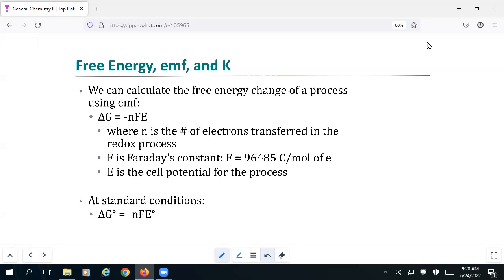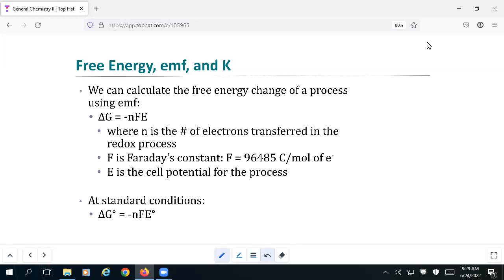Now, we can modify that idea of work by looking at a slight variation. So instead of capital Q, the charge, we're going to break that term down into some more attainable pieces.